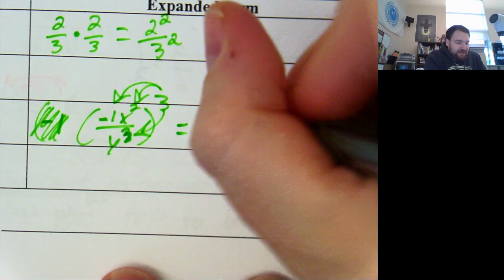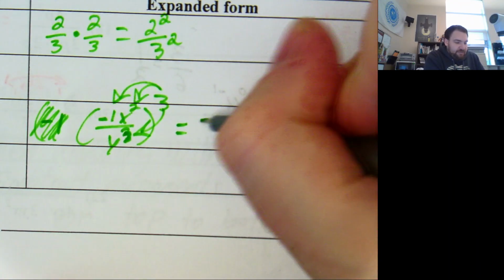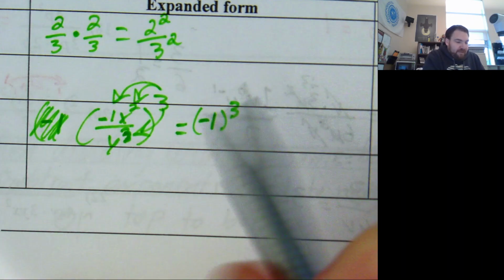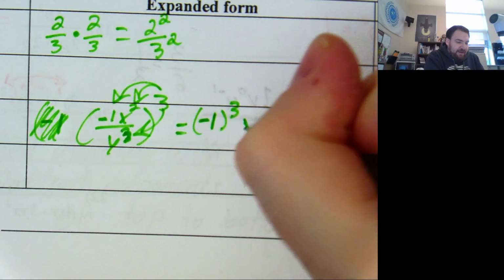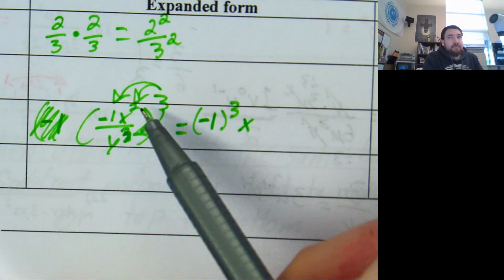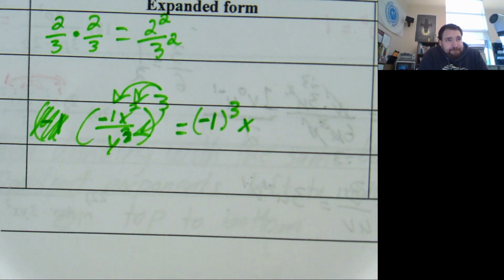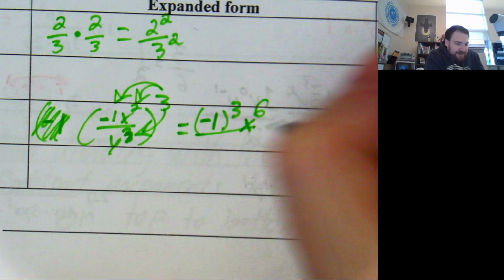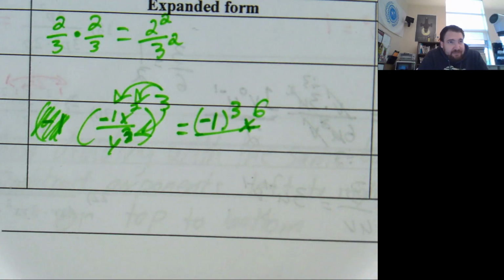So the -1 is going to become -1 cubed. The x is going to become x to the power of what? Power to a power means 6, thank you. And the denominator is going to become y to the? You betcha, thank you, Garrett.